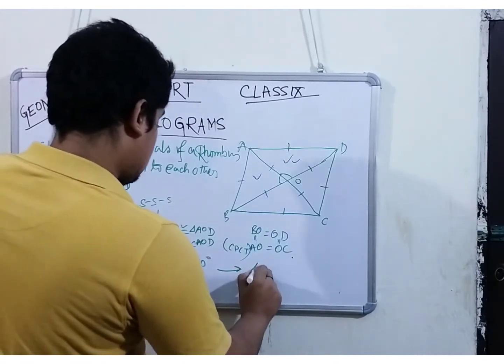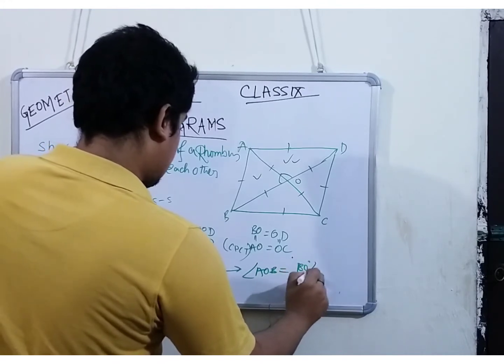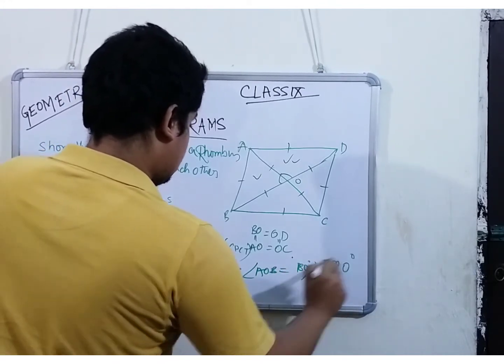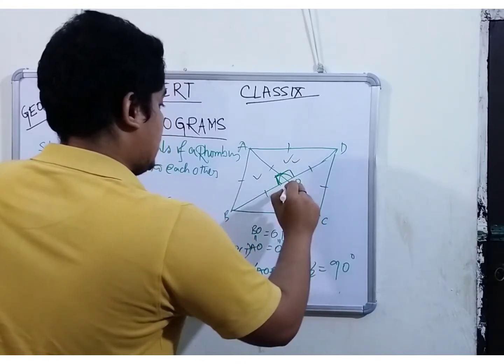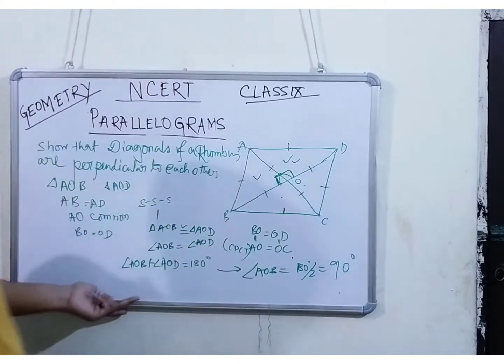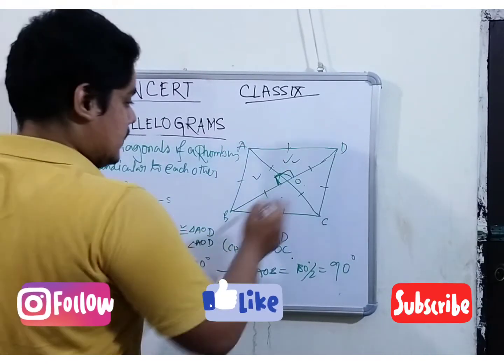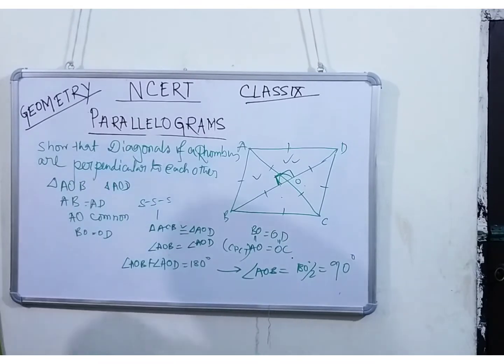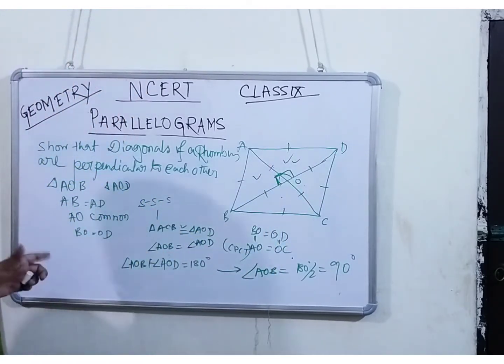So angle AOB is 180 by 2, which is 90 degrees. Similarly for this one, and we can prove all these angles are 90 degrees. So the two diagonals are perpendicular to each other, and not only that, they perpendicularly bisect each other. This is the proof of this problem. We will go to the next problem after that.